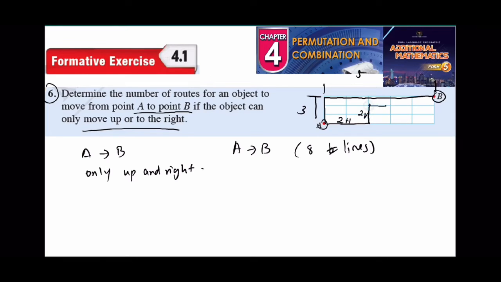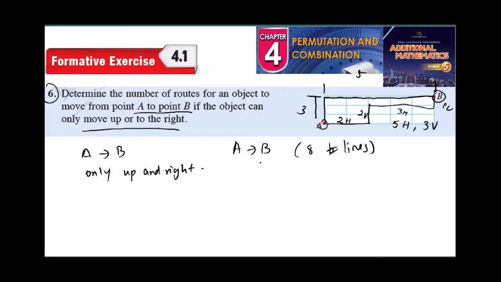So in short, no matter which road the object takes, it will move 3 steps upward and 5 steps to the right in order to reach point B. So we can say that the number of ways for the object to move is 8 ways.